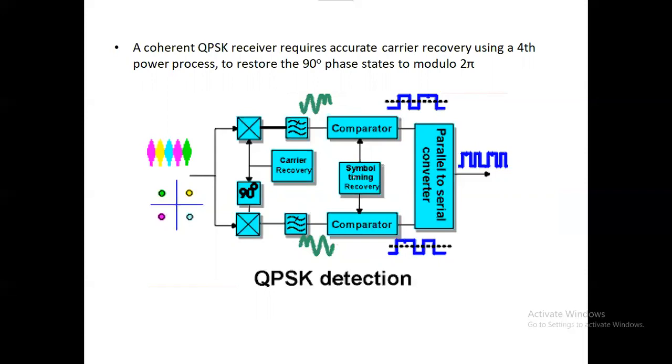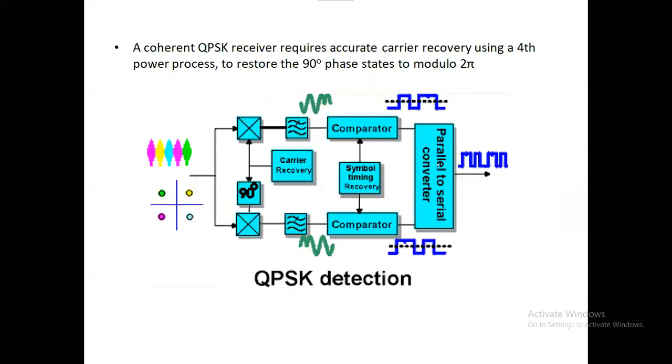Then we have serial to parallel conversion, because for mapping the bits, we choose 2 consecutive bits and convert them into parallel. We send 1 bit to the in-phase branch and 0 bit to the quadrature phase branch. We modulate these 2 bits with opposite carriers, and then transmit them over the channel.